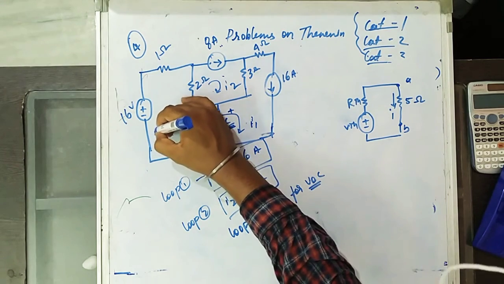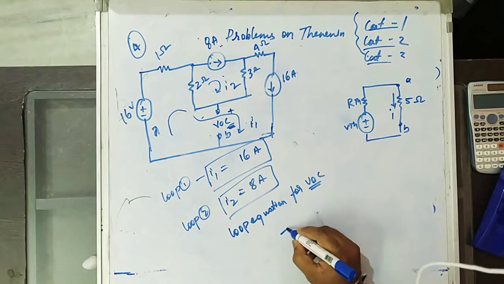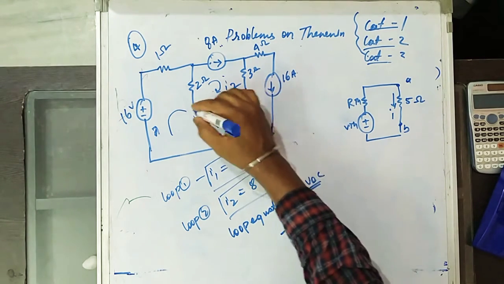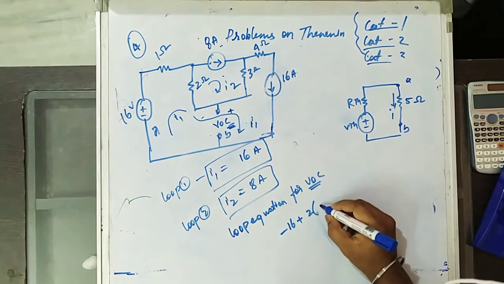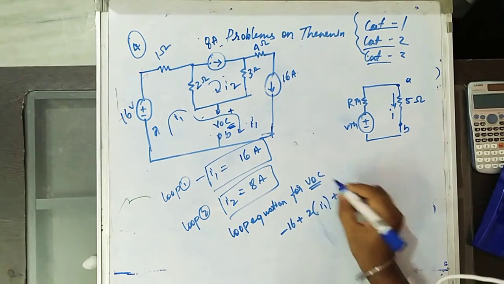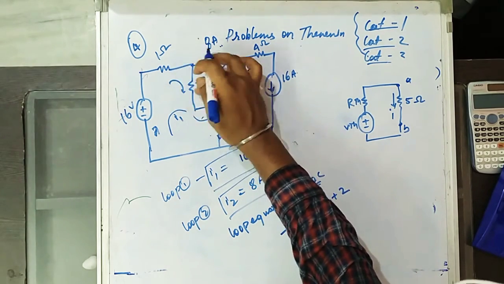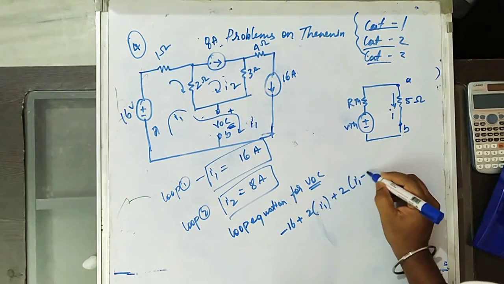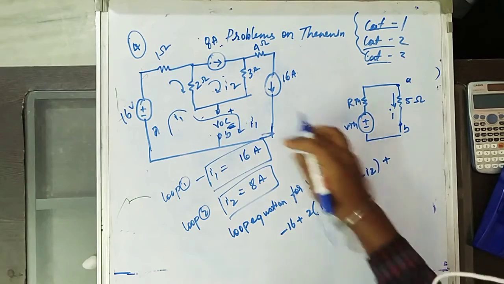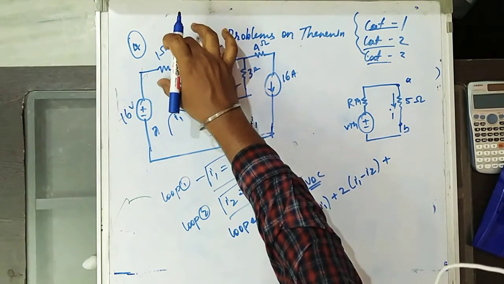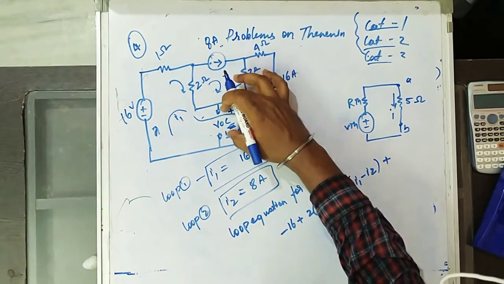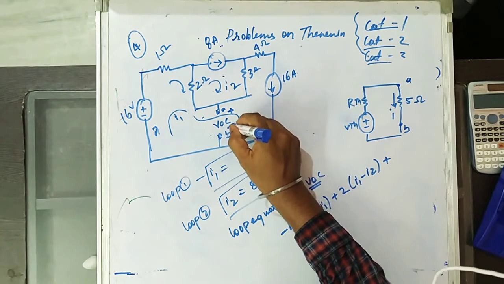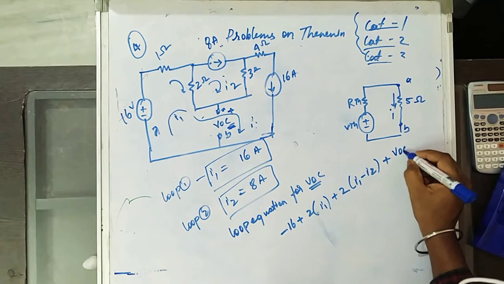Starting from this element: minus 16 plus 2 into I1 plus 2 into I1 minus I2, this 2 ohms, plus VOC. The A terminal is plus and B is minus, so plus VOC equals 0.